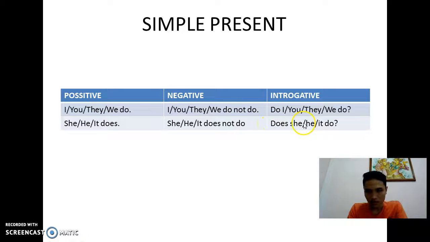So, do I do, does she do. In the interrogative form, in the second example, does she do, does he do, does it do, the verb is without s or es because the s or es has moved to the does. Okay, I hope you understand.